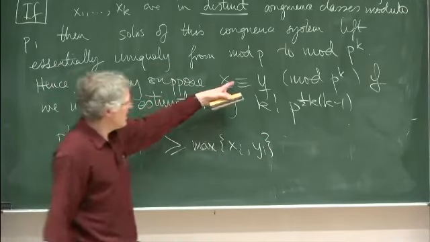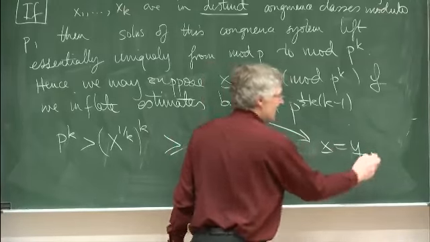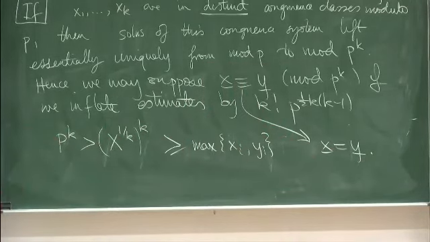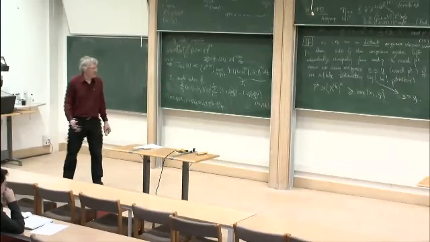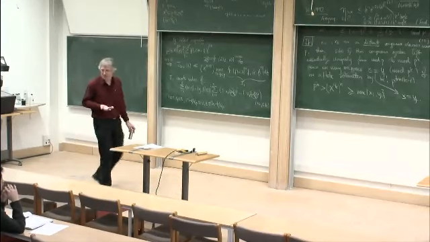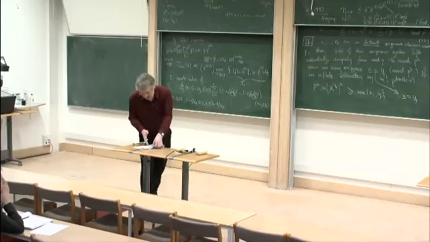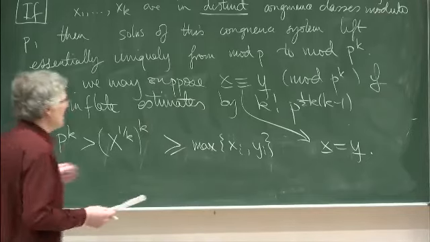So this congruence condition actually forces x to be equal to y as integers. I have a congruence whose modulus is larger than any of the integers involved, so that forces these variables to be the same. And that was really the objective of this classical version of Vinogradov's mean value theorem.